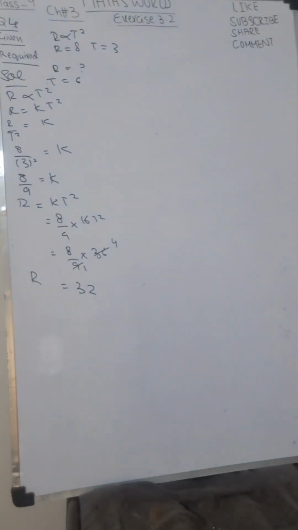Now if we just see question number 5, that is also on direct variation. Let's solve that part also. In this question, they only changed the power: there we had a square and in this we will have a cube. So I'll write the values, then you will understand.